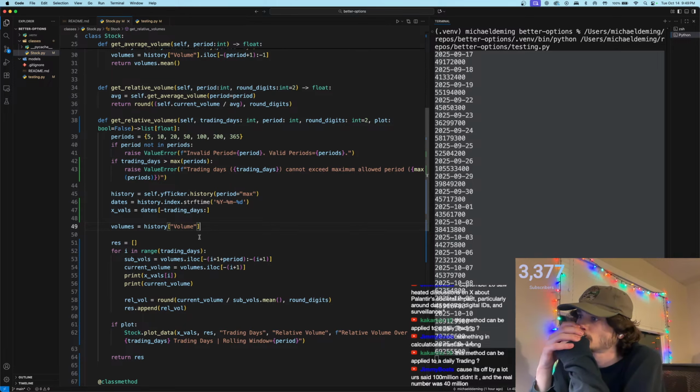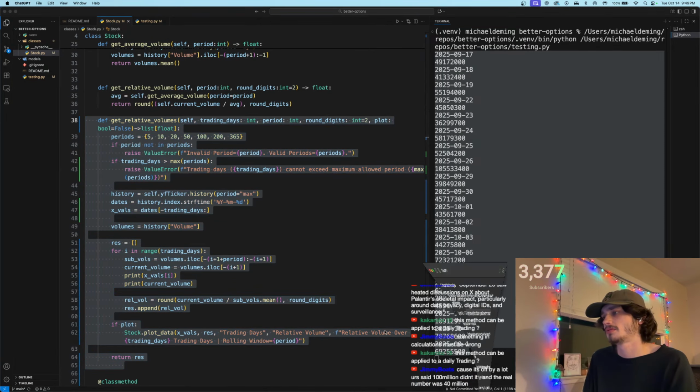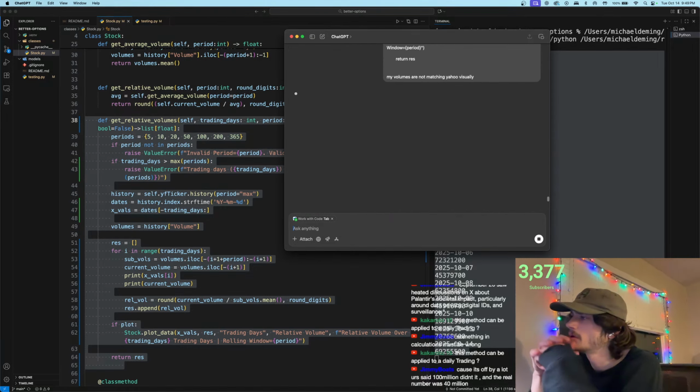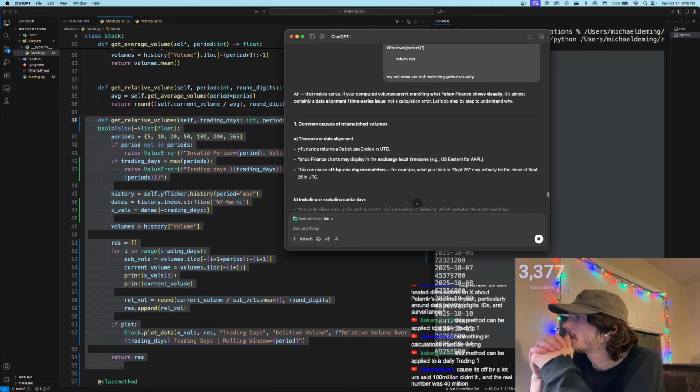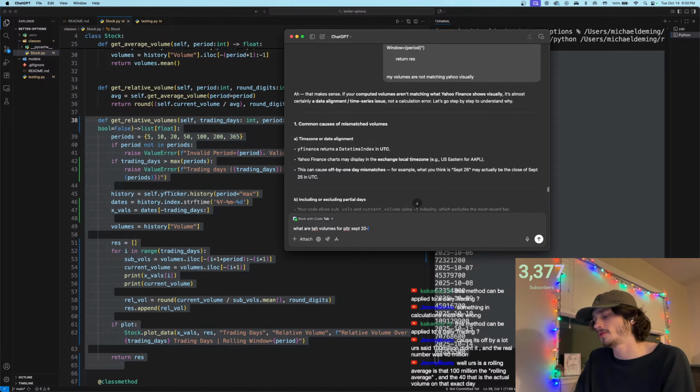My volumes are not matching. Well, even if it was off by one, what are the volumes for Palantir September 20th through the 30th?